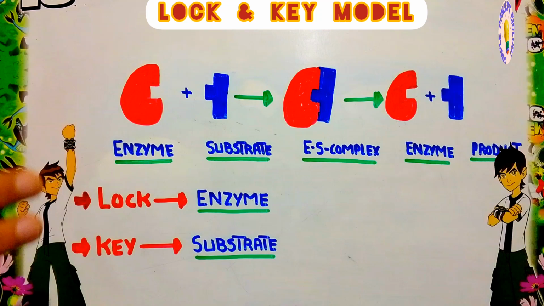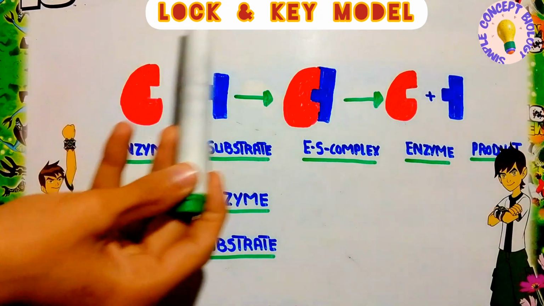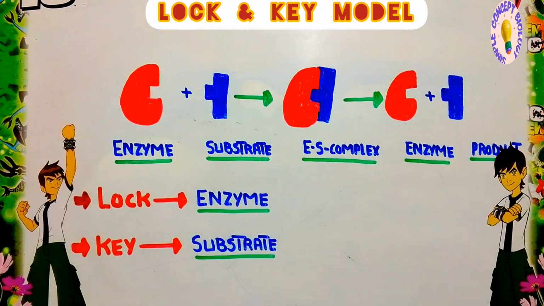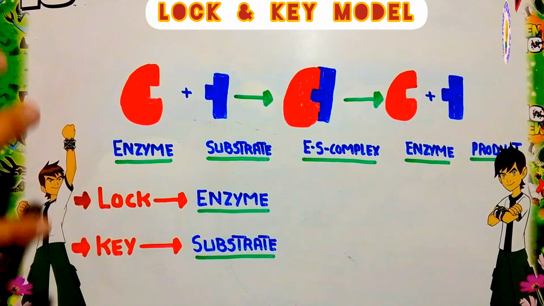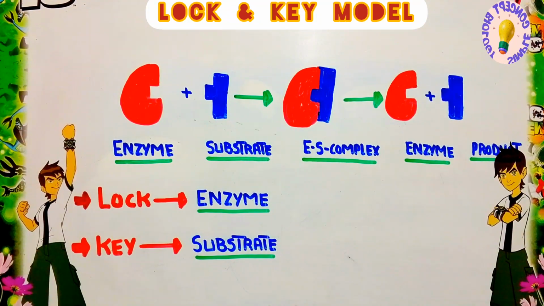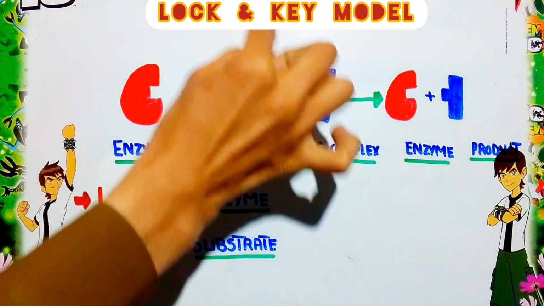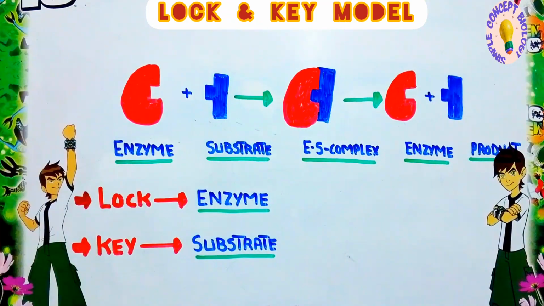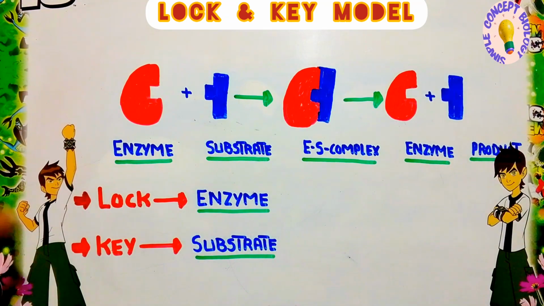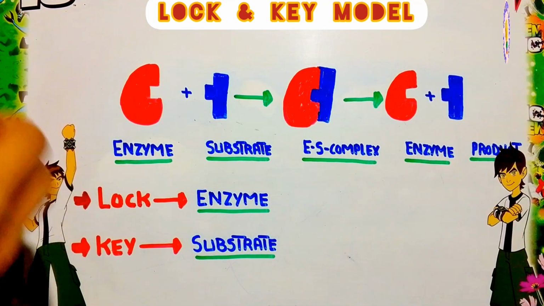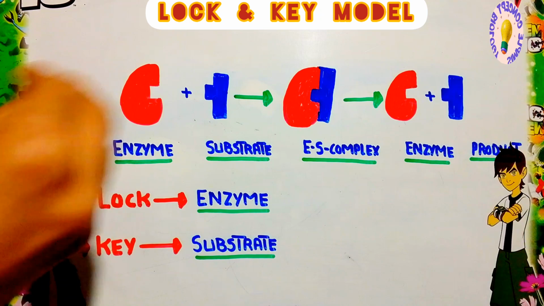Now in this lecture we will mainly discuss the lock and key model in detail. This model mainly relates the substrate and enzyme as lock and key. As we know, a specific key is able to open a specific lock. In this way, the enzyme is able to convert a specific substrate into the product.